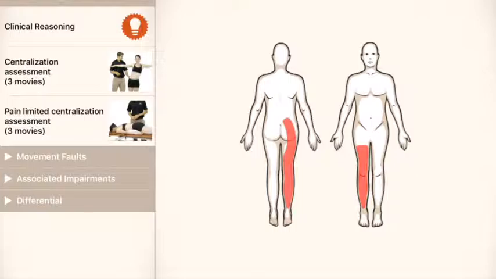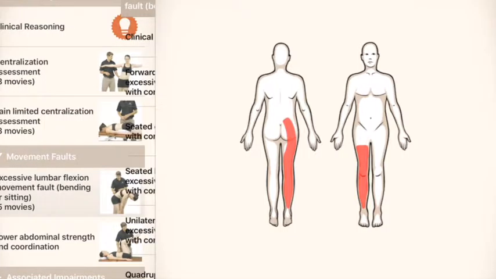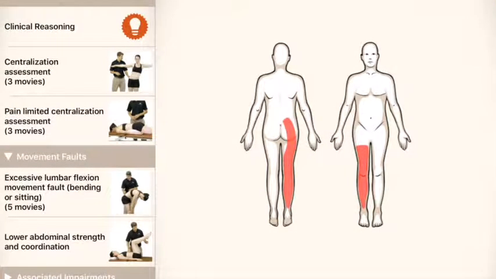What kind of movements create pathology in discal tissue? Excessive lumbar flexion, right? So we're going to have to change how they flex, what kind of strategy they use. Do they use their hip hinge and their knee hinges, or do they excessively bend at their lumbar spine? In the latest iteration of the app, we have added excessive rotation as well.